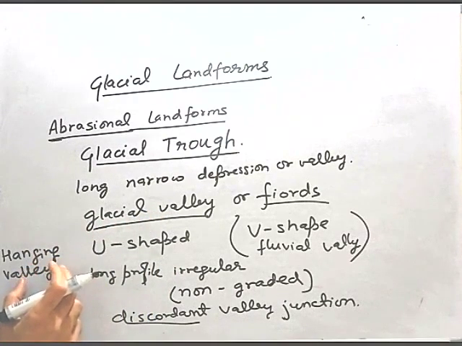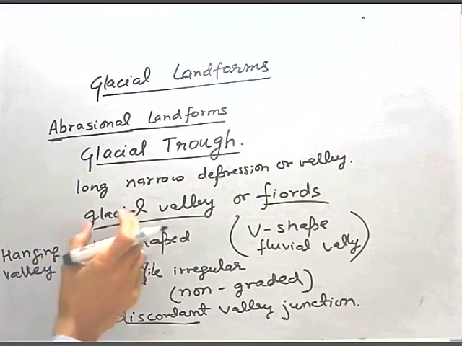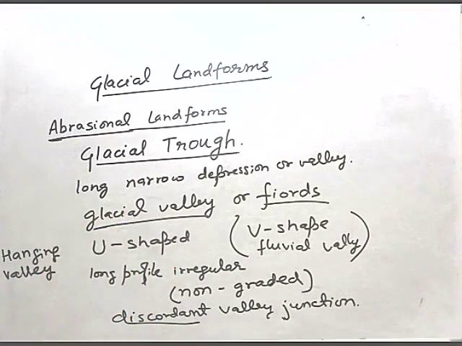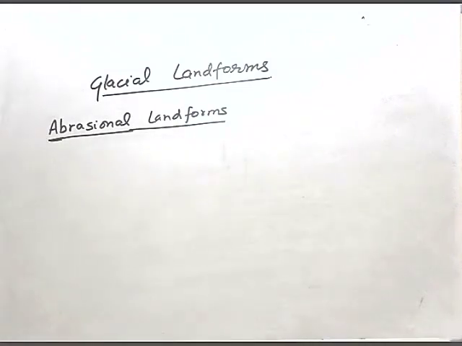That is, the elevation of the hanging valley is far above the elevation of the glacial valley. This is the discordant valley junctions. Waterfalls are present and truncated spurs are also present.